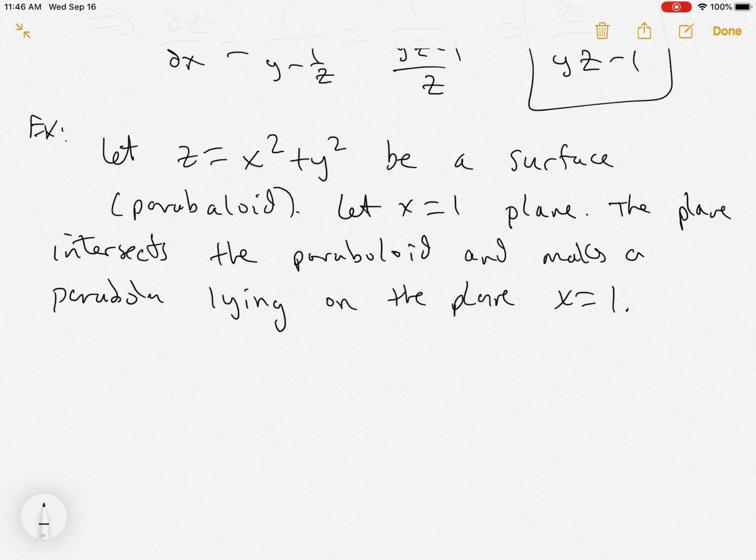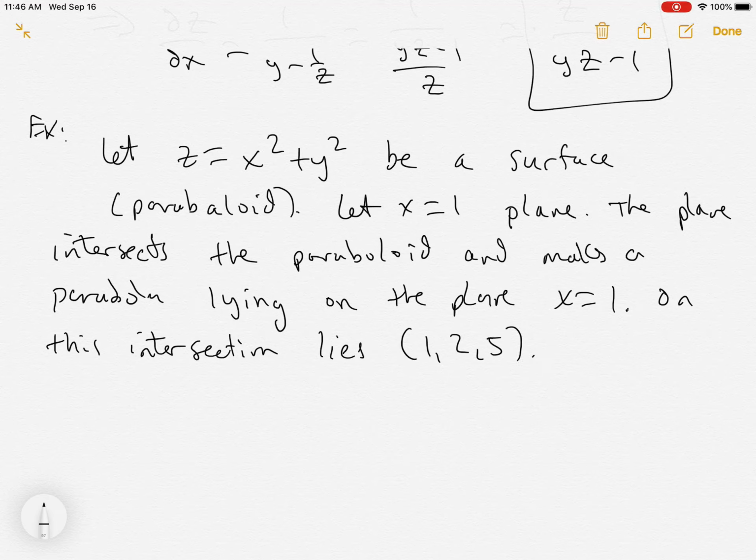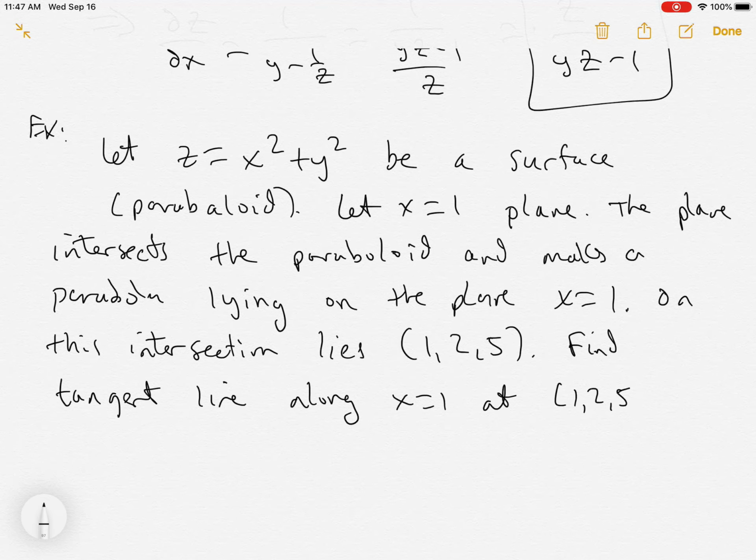On this intersection lies a bunch of points, infinitely many to be exact, but one in particular, (1, 2, 5), lies on this intersection. And we're tasked with finding the tangent line along this plane at the point (1, 2, 5).